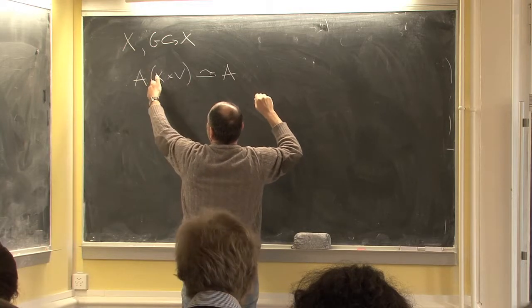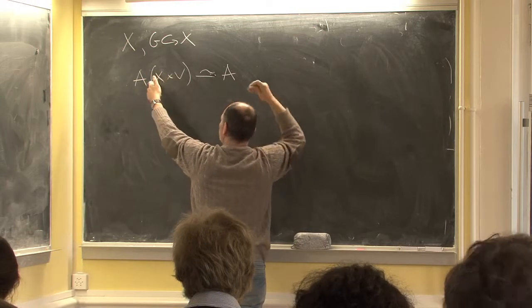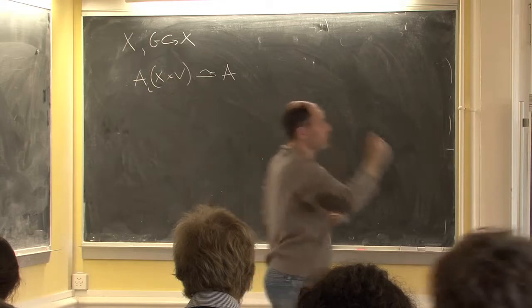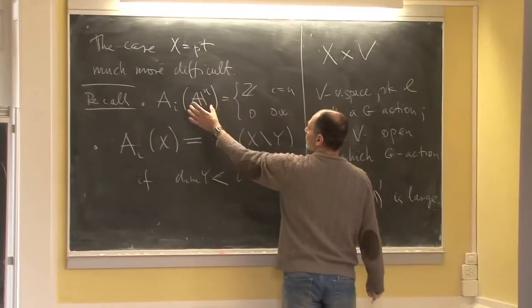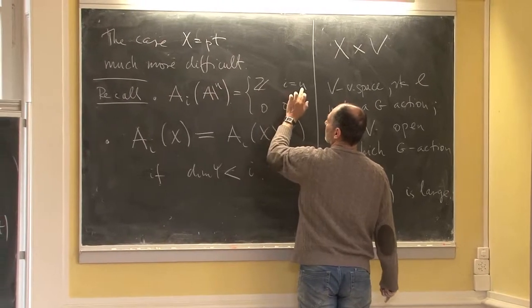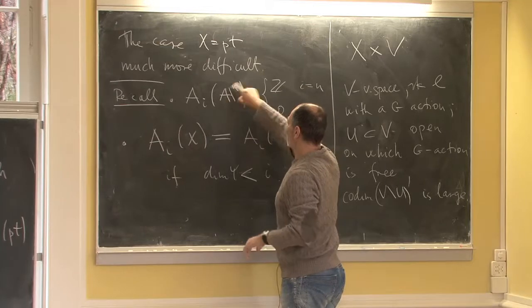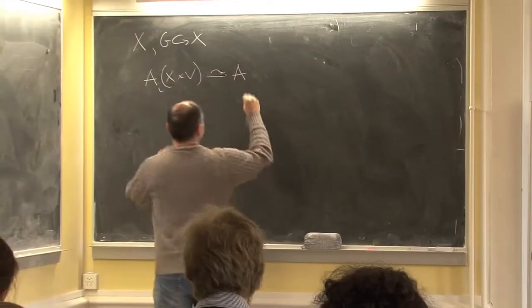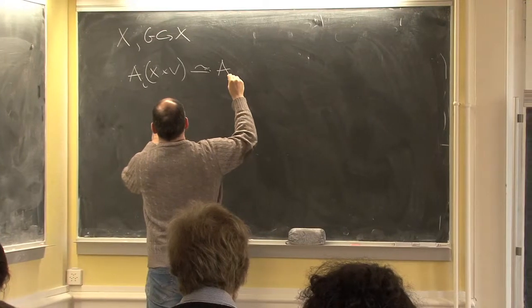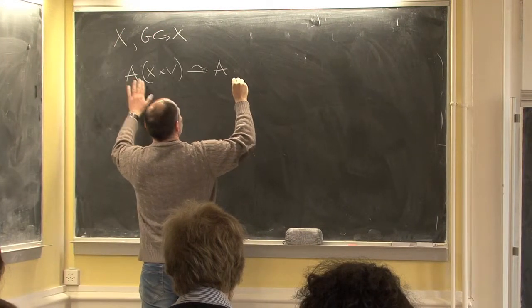If you have a cycle in X, then in X cross V you'll just have the cycle of X cross V. Basically, you'll have an added dimension to each cycle, by multiplication by V, an n-dimensional thing. So this is just maybe the other way around, sorry.